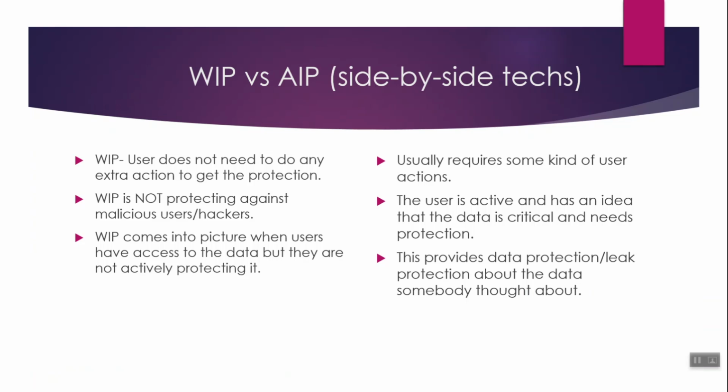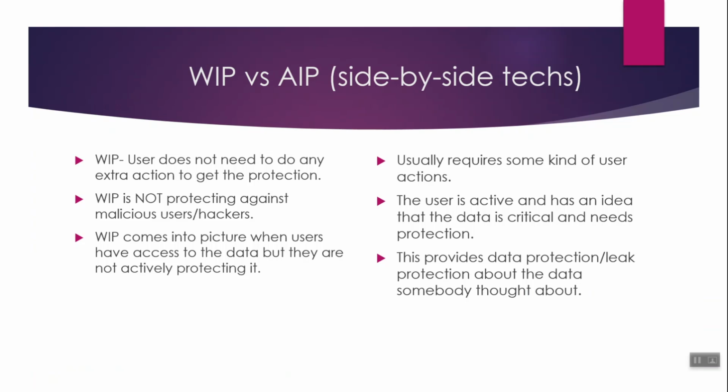So both the policies would go hand in hand, both complement each other, and both are not supposed to replace each other. WIP will not be able to protect a document or stop the sharing of a document outside the company identity. That is something which has to be done with AIP. So we can use WIP and AIP in tandem, and using that we can provide the best user experience.